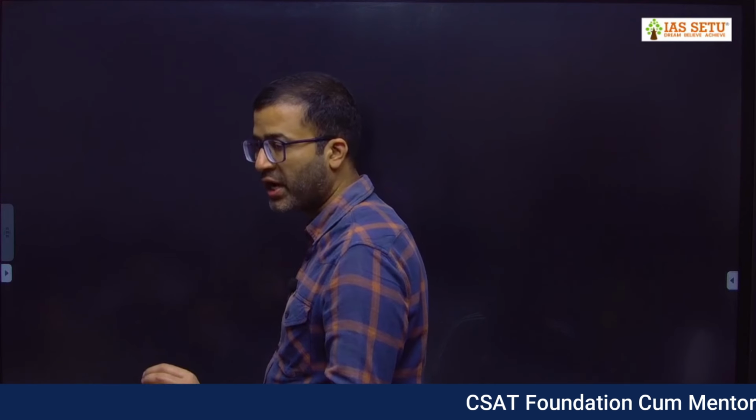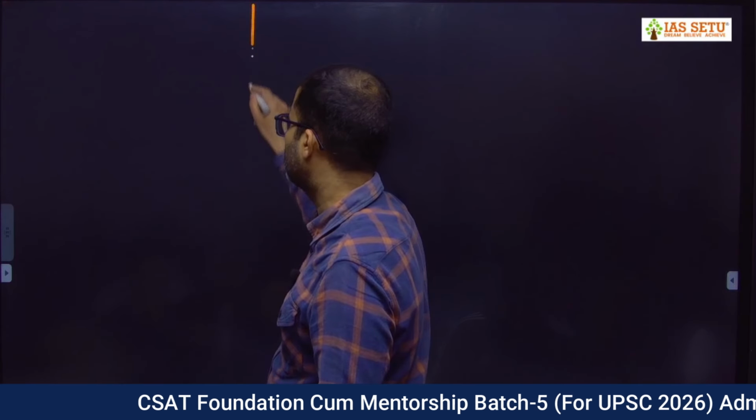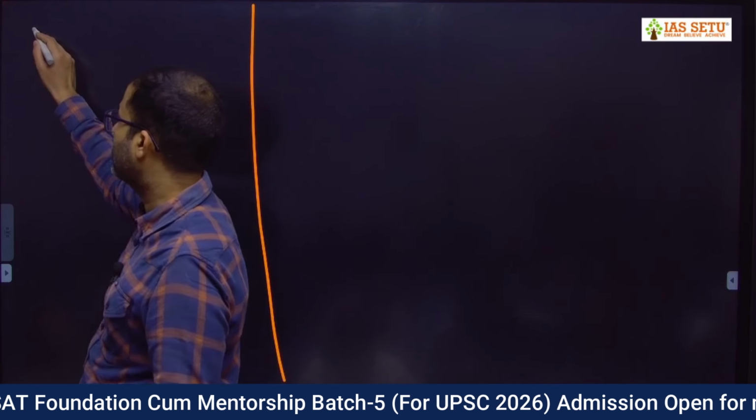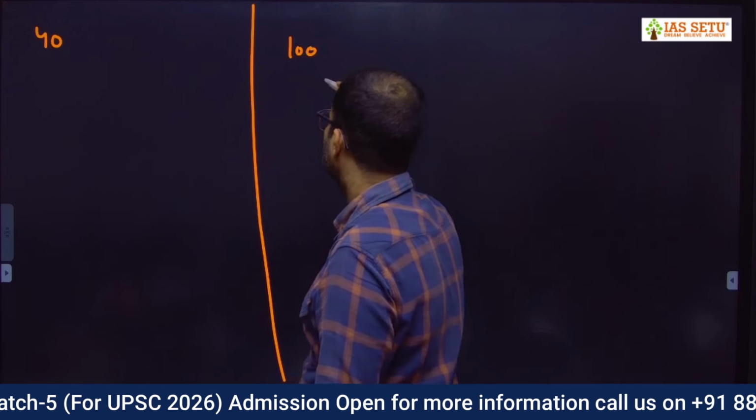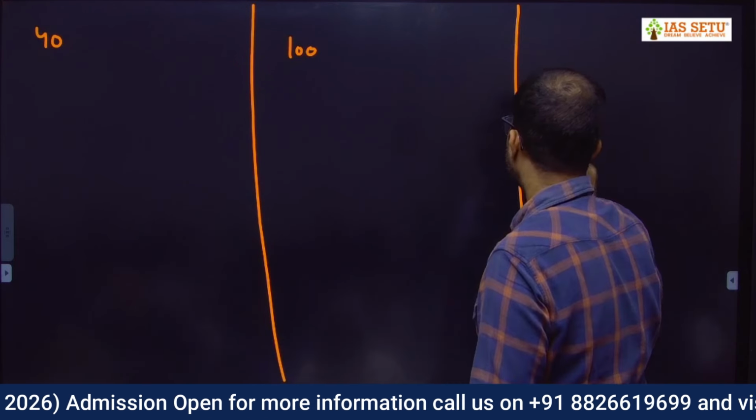Now I ask you 3 questions. Try one by one. Go slow. Keep the answer with yourself. My questions here are 40, 100, 120.